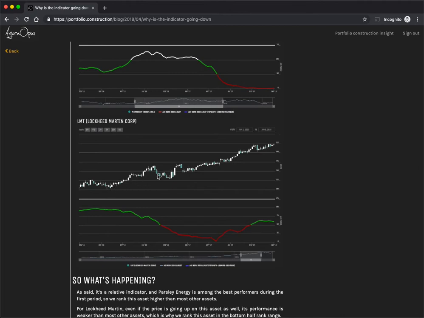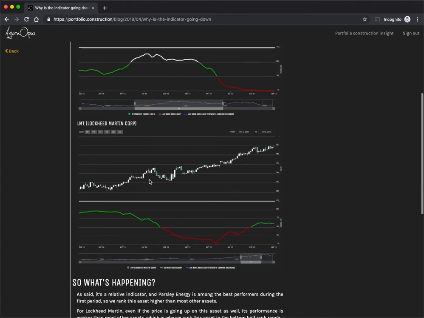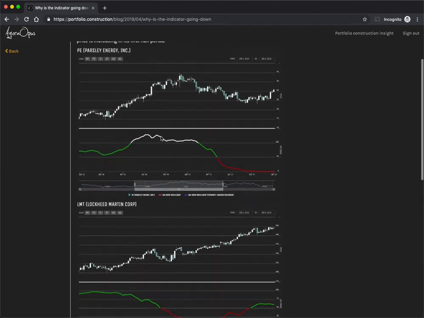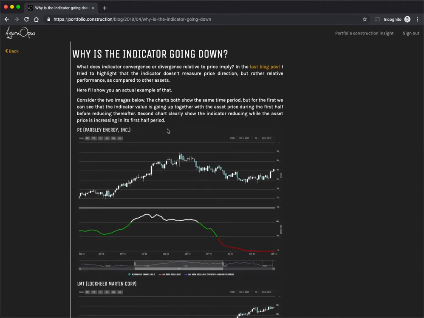Maybe it's slightly different, but anyway, it's a lot less than the higher ranked assets. All right, so that was just a brief reminder to everyone how the indicator is working. It's a relative measure, so keep that in mind whenever you're looking into this.